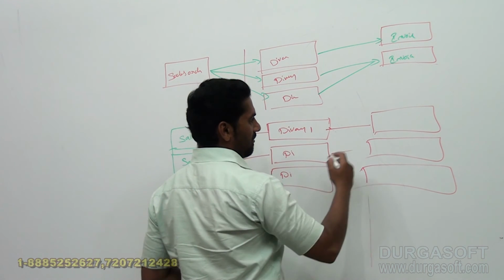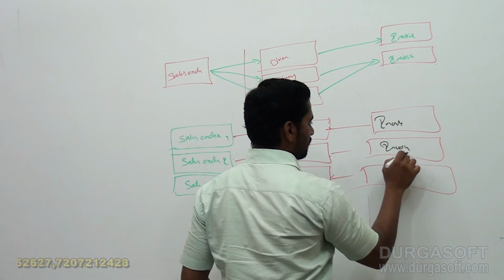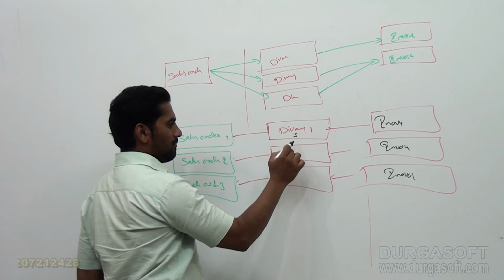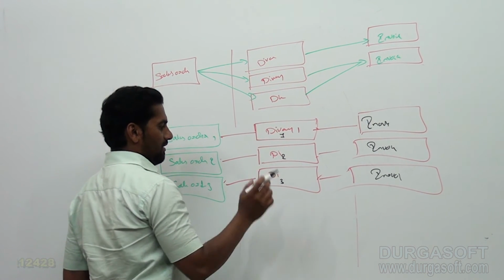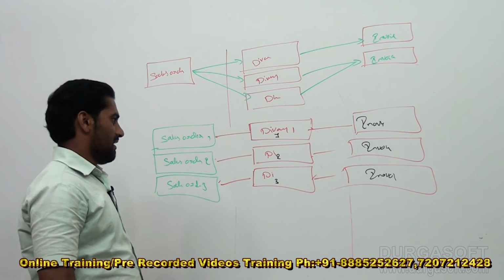This is how I can create multiple invoices. So I can create delivery 1, delivery 2, and delivery 3. This is how we can create multiple deliveries on each and every product where I can assign.